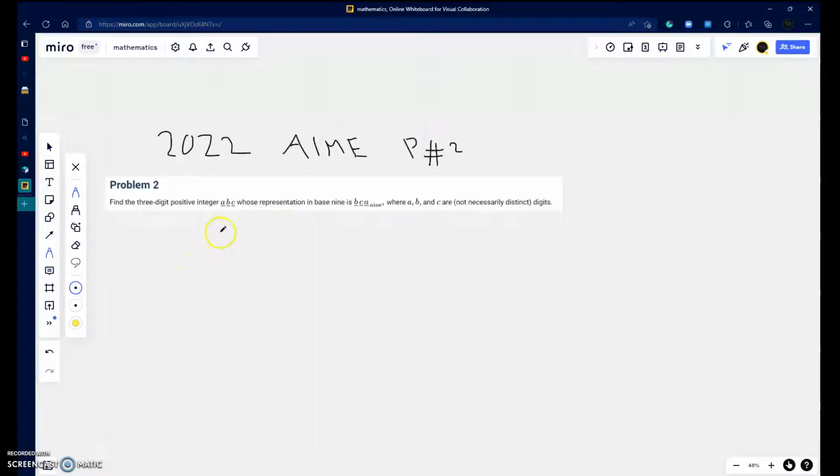So we could solve this by saying that 100A plus 10B plus C, this expression in base 10, equals 9 squared B, which is 81B, plus 9C plus A. Rearranging, you'll get 99A equals 71B plus 8C.